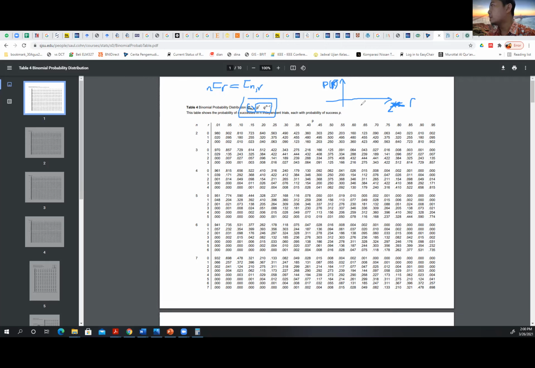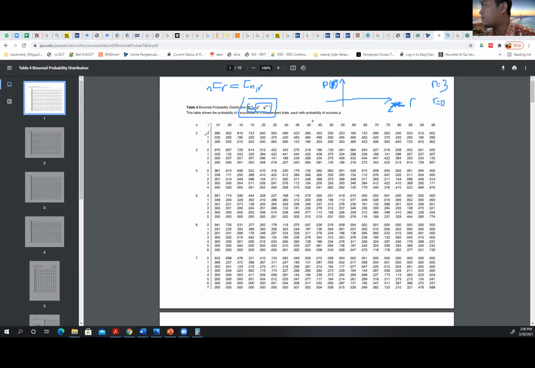So you can see here. Let's say n, in the case of 3 chips, so n equals 3. Is it correct? So when n equals 3, how about when r equals 0?